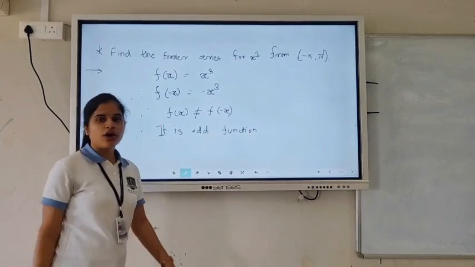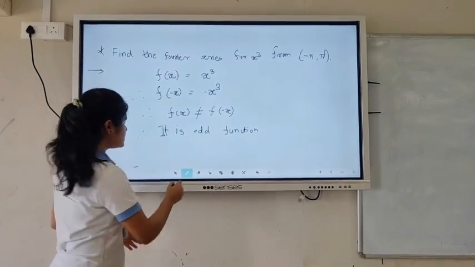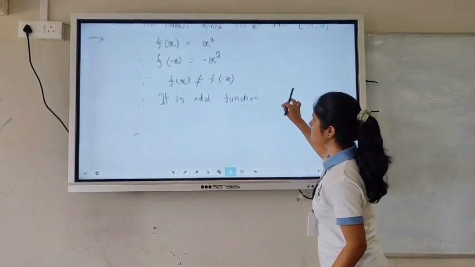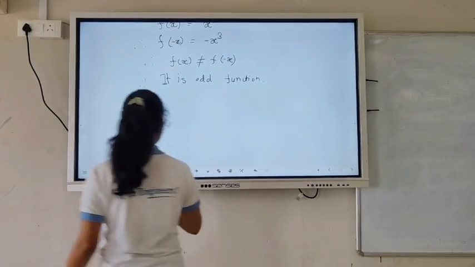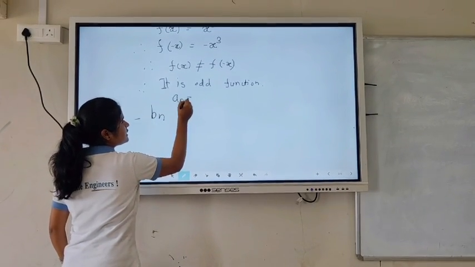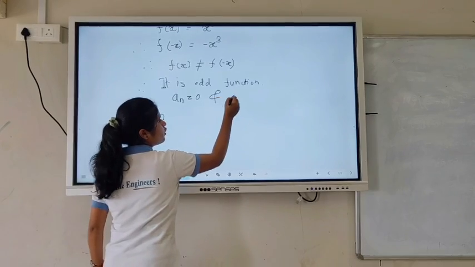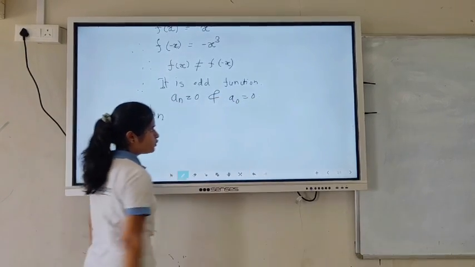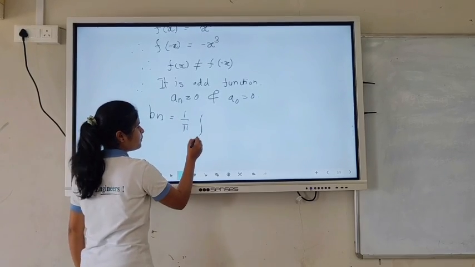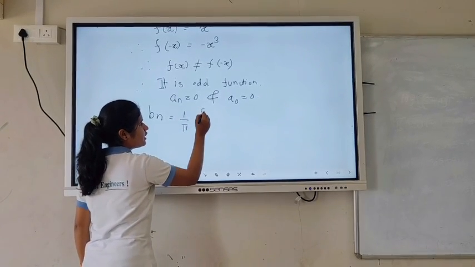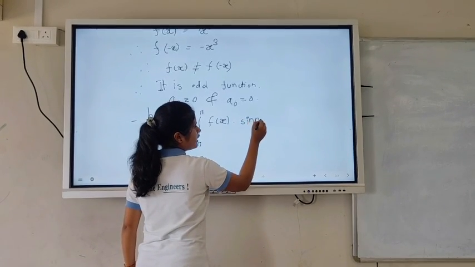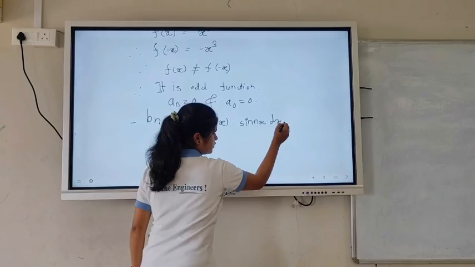As we know, for an odd function we see the series like this. We only find the bn, and here an is equal to 0 and a naught is also equal to 0. So therefore bn is equal to 1 upon pi, minus pi to pi, f(x) into sin nx dx.